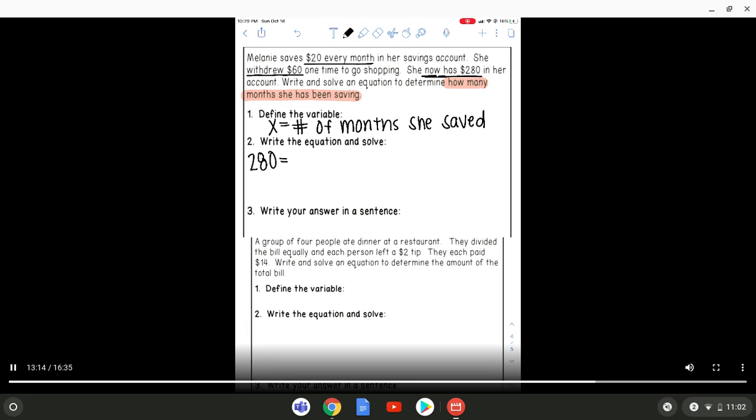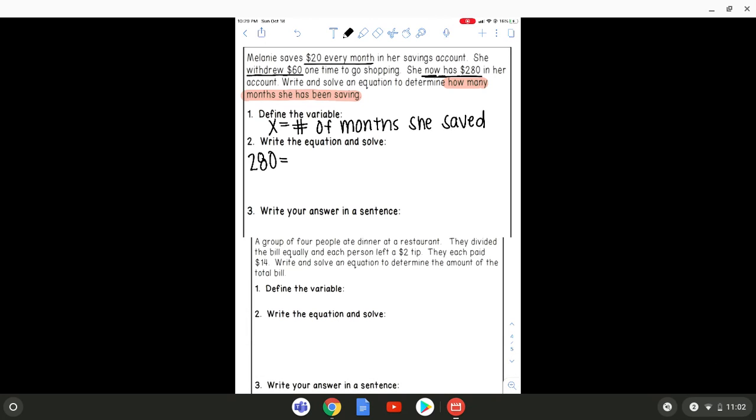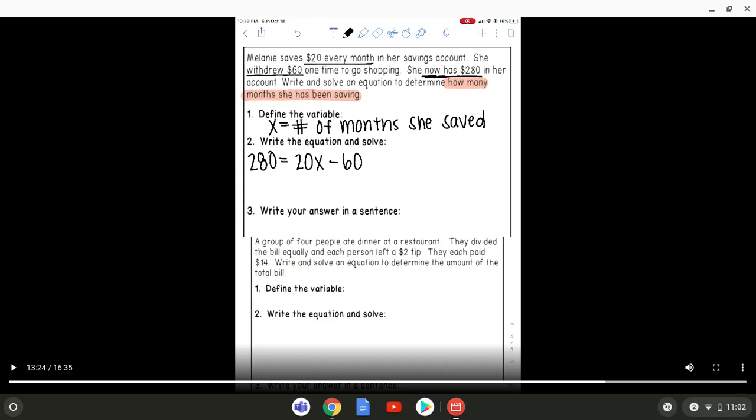So our equation is going to be 20x to represent the fact that she put $20 in the account every month, and x is the number of months, minus the $60 because she withdrew $60 one time, and withdrew means she took that out of her account. So the $20 every month is attached to the x, because x is the number of months, minus 60 because she withdrew $60.